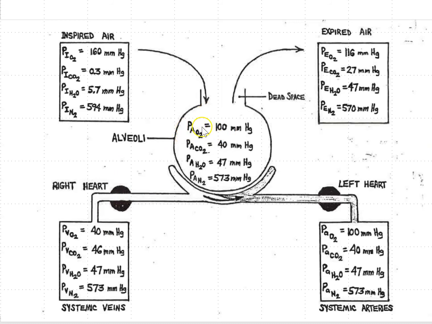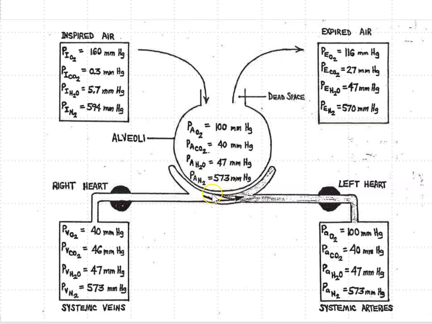So oxygen moves from an area of high pressure, that is the alveolus, to the blood vessels. So oxygen is taken up by the blood, and CO2 is removed from the blood back into the alveolus. And that CO2 that is removed is exhaled out of the body.